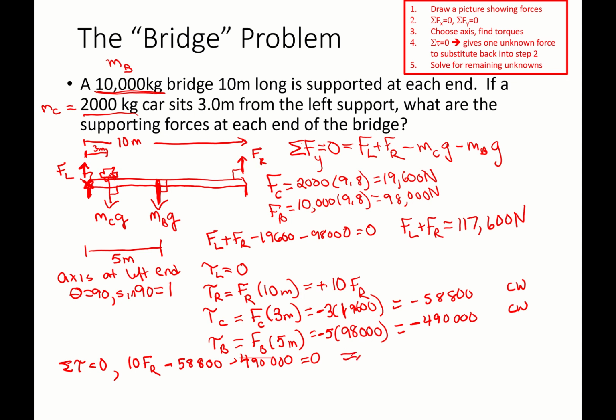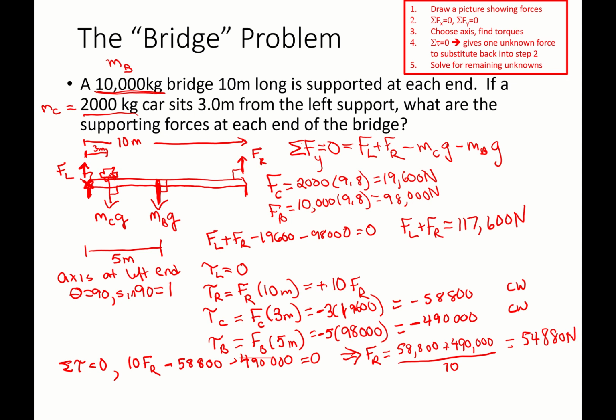So that means that my Fr is just going to be 58,800 plus 490,000 divided by 10 if I rearrange that equation. And so I get that my force on the right hand side of the bridge is equal to 54,880 newtons.